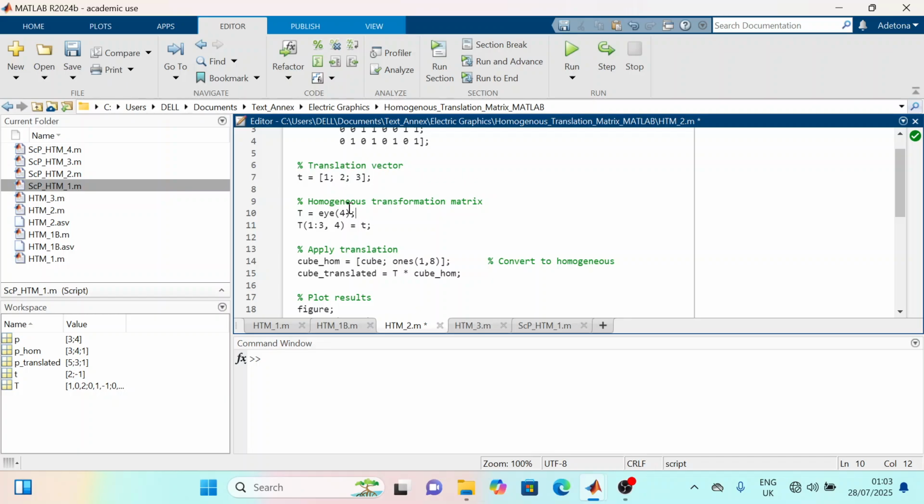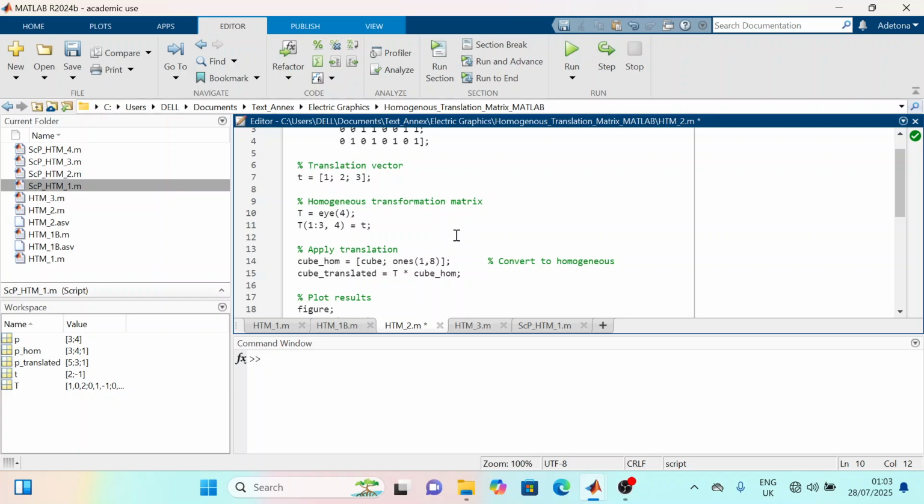With 4 by 8, we can now carry out matrix multiplication. You know the rule of matrix multiplication: if you have matrix A multiplied by B, the number of columns in A must be equal to the number of rows in B for the matrix multiplication to happen.